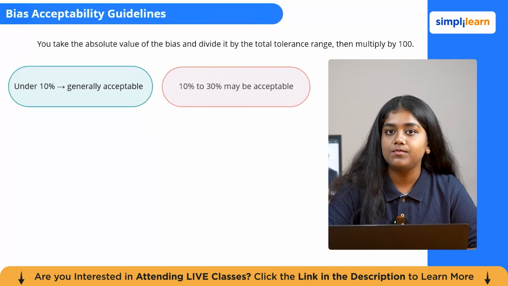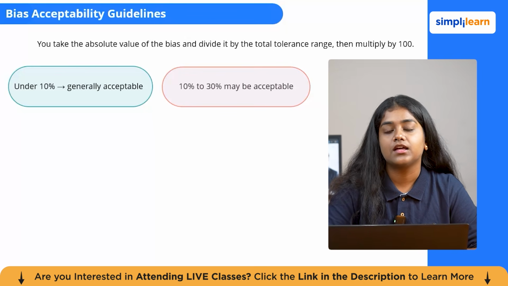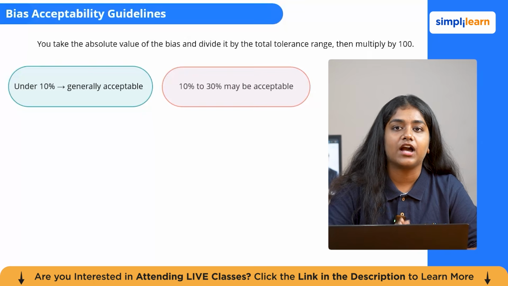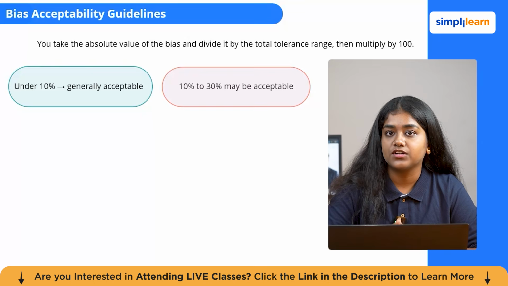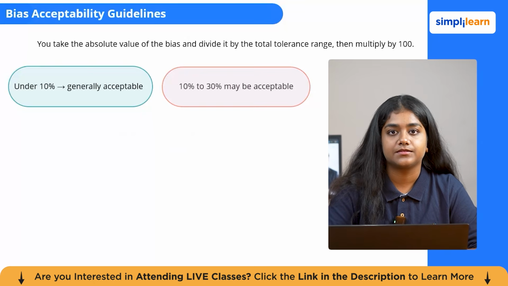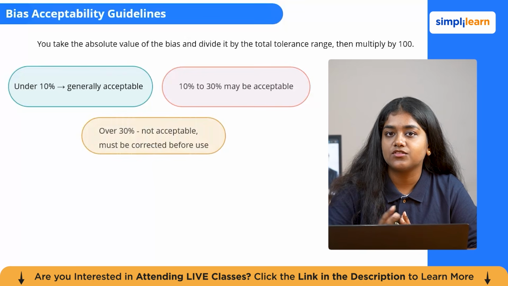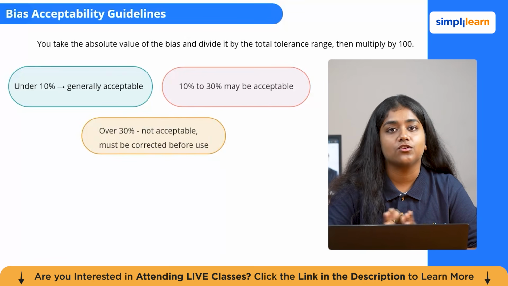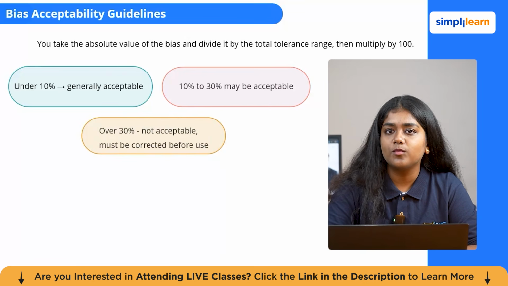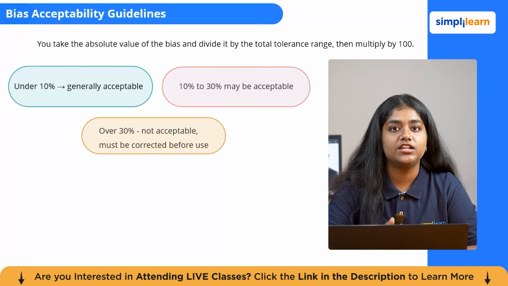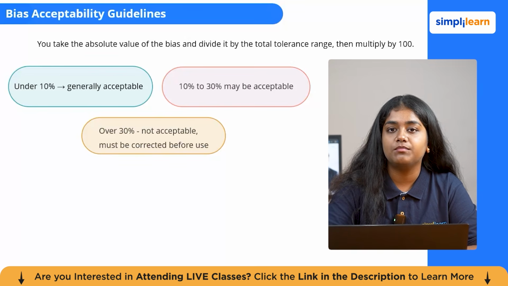The gauge may still be used for low-risk applications, but improvement is recommended through calibration, repair, better fixturing, or improved measurement technique. If bias is greater than 30% of the tolerance, the measurement system is not reliable. The error consumes too much of the specification window, which can lead to wrong accept or reject decisions. The gauge should be corrected before being used for product or process decisions.